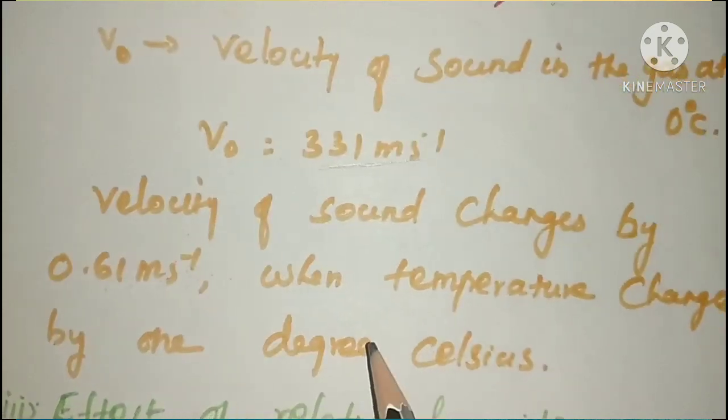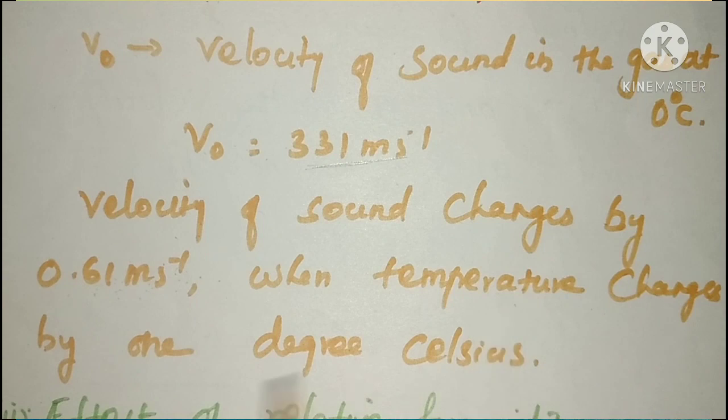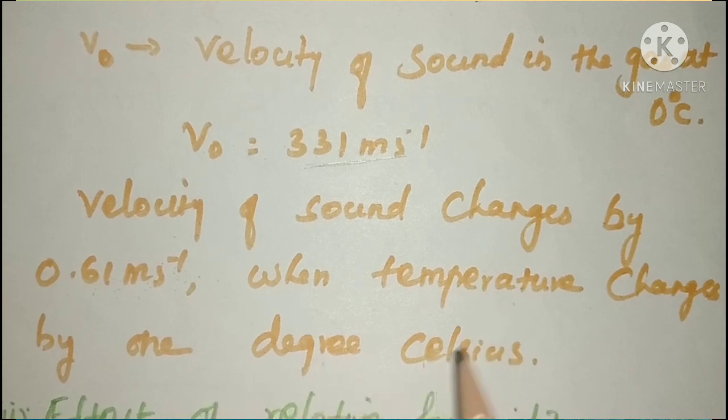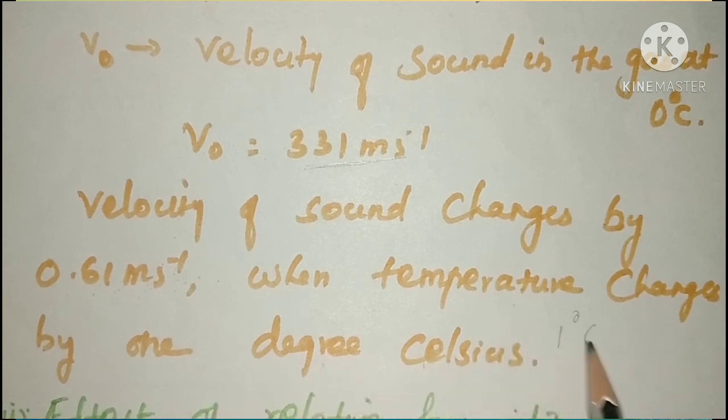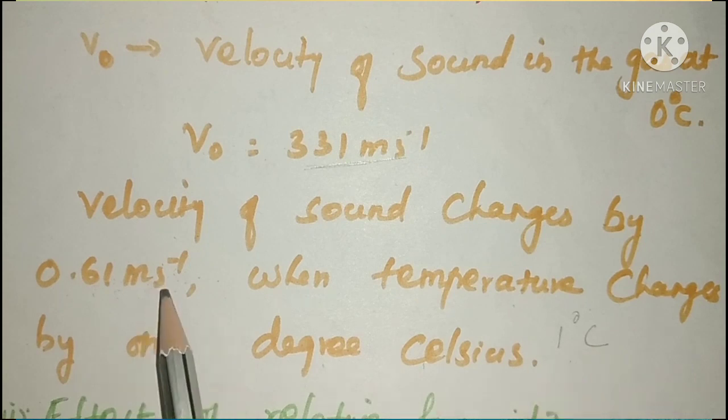Yes, the temperature changes by 1 degree Celsius. For increasing 1 degree Celsius, how much will the velocity increase? 0.61 meter per second.